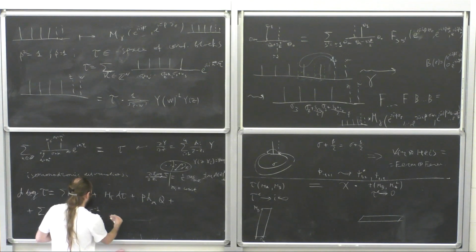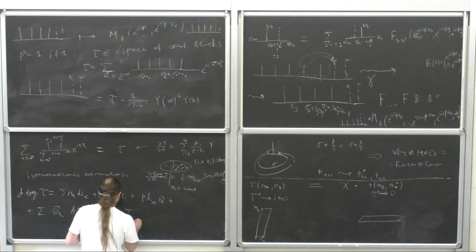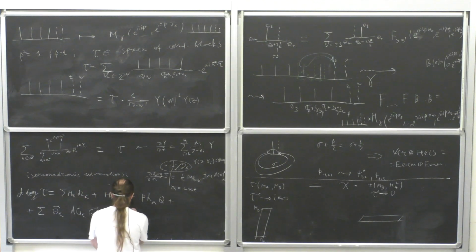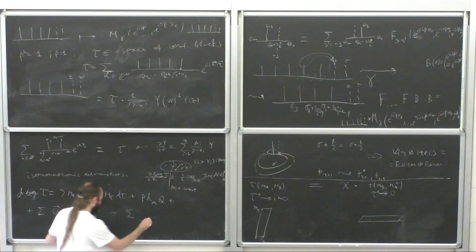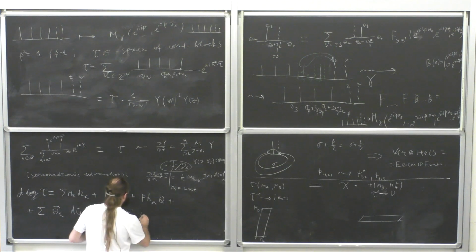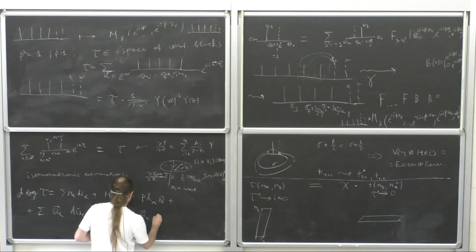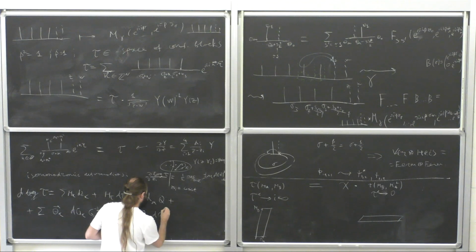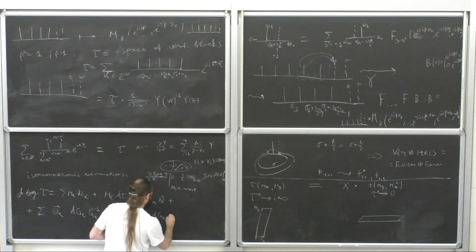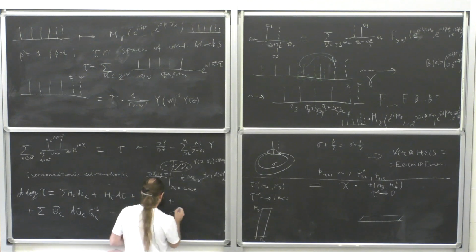minus a sum of these expressions d g k, g k inverse for 3-point problems.